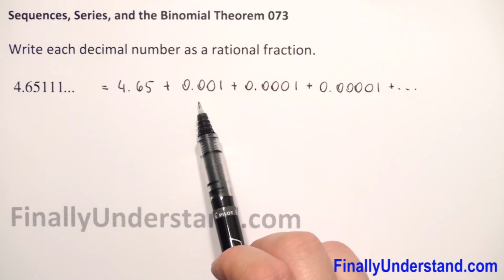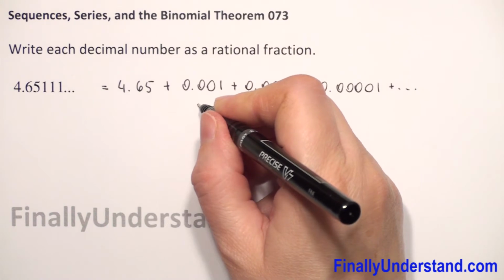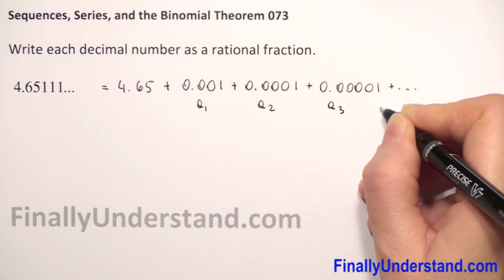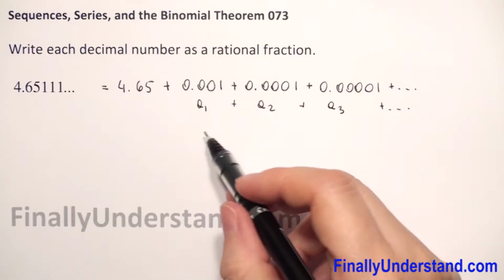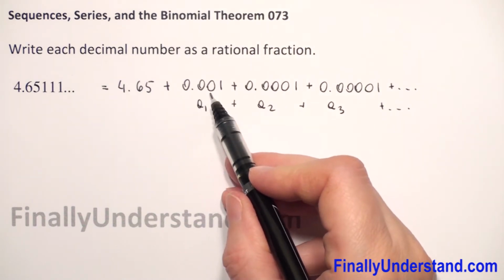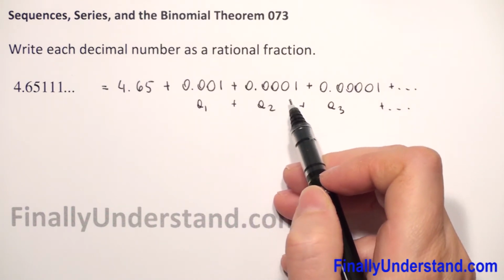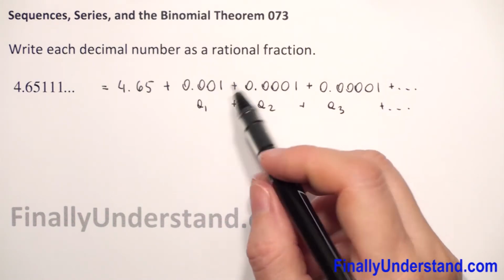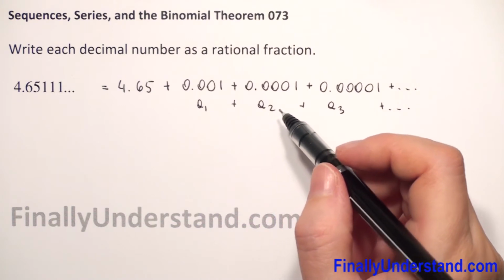an infinite geometric progression. The first term will be our A1, this is the second term, A2, and so on. So now we can calculate the ratio R, because we have 0.001 and next is 0.0001. It means that the common ratio of our geometric progression is 1/10.